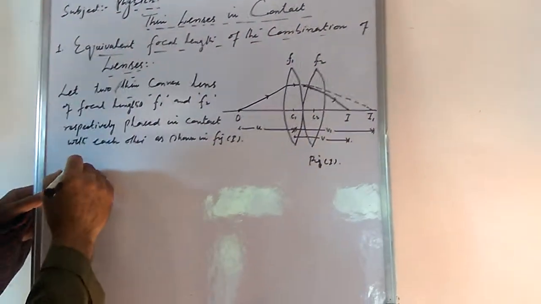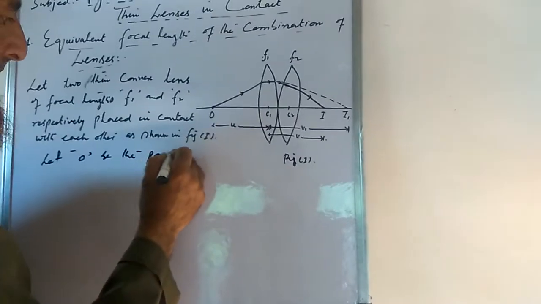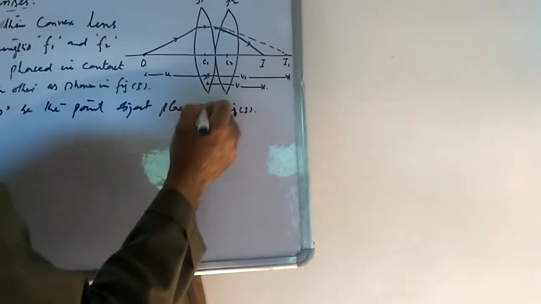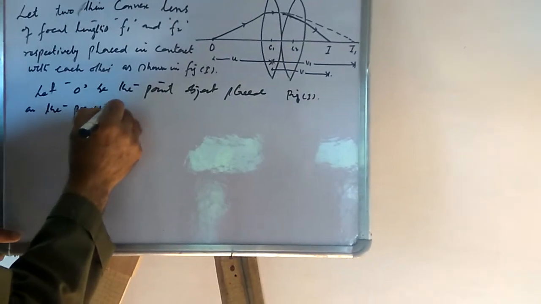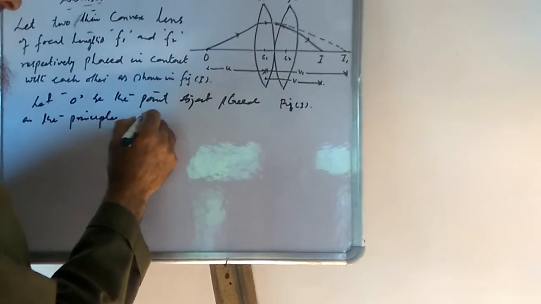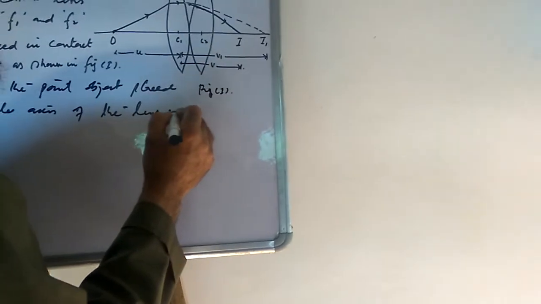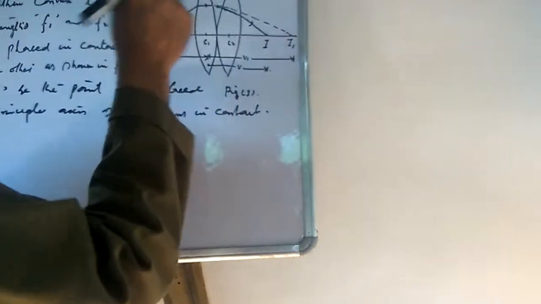Here let O be the point object placed on the principal axis of the lenses in contact.